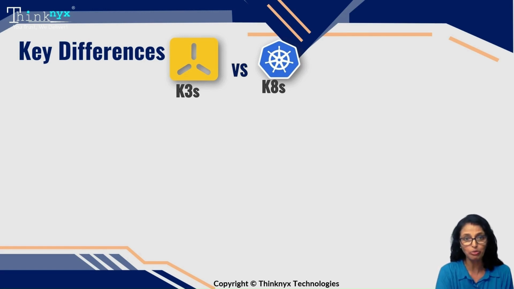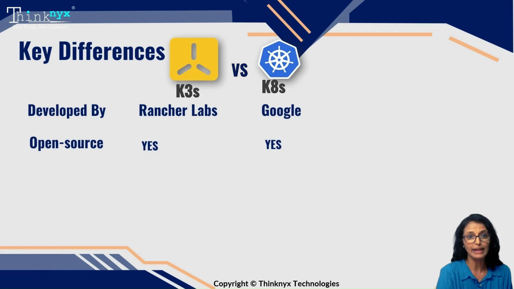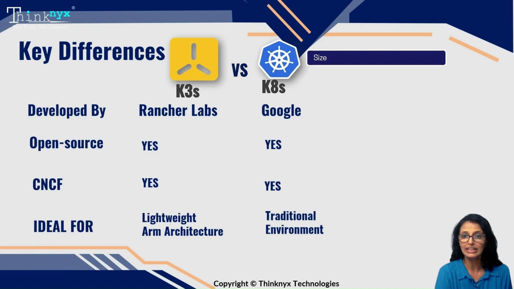The choice between K3s and K8s depends on the specific use case. K8s was developed by Google while K3s was developed by Rancher. However, both K8s and K3s are open source and are approved CNCF projects. Let's understand a few of the key features between K8s and K3s.